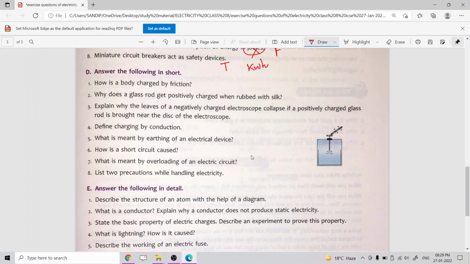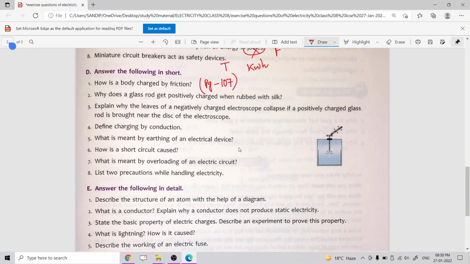That is why we get a body charged by friction. When we rub two bodies against each other, due to friction some charges are moved from one body to another body. So you get the answer. I just write down the page number from your book, that is 107.